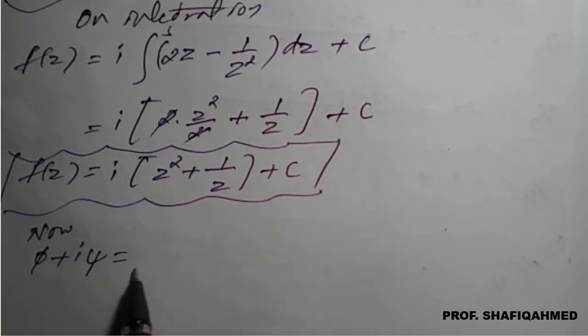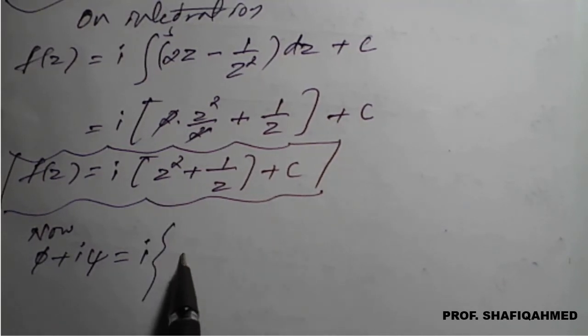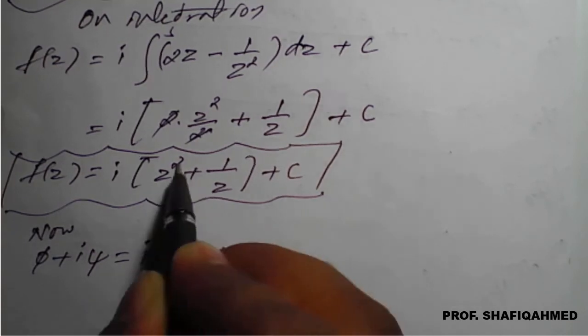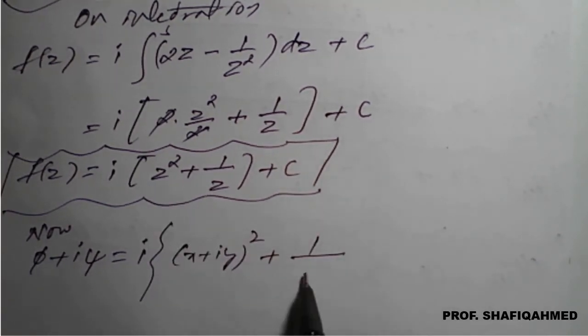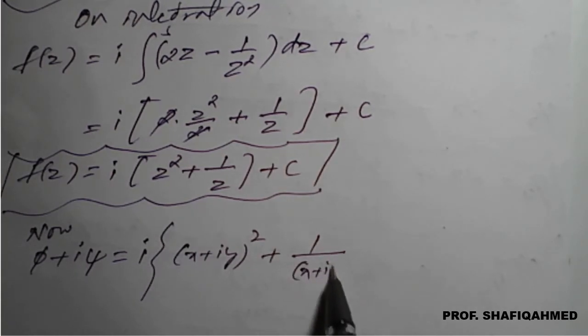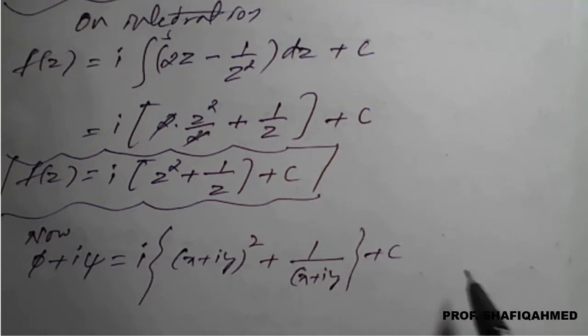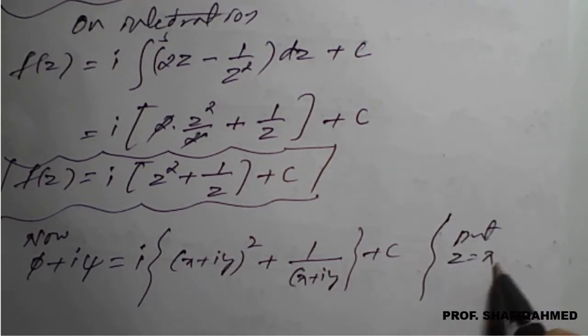Then i times bracket, this z I will convert in terms of complex number, that is x plus iy, this square as it is, plus 1 divided by this z, I will replace as x plus iy, this plus c as it is. So for information, z is equal to x plus iy.